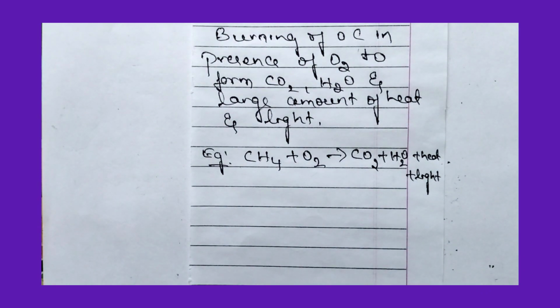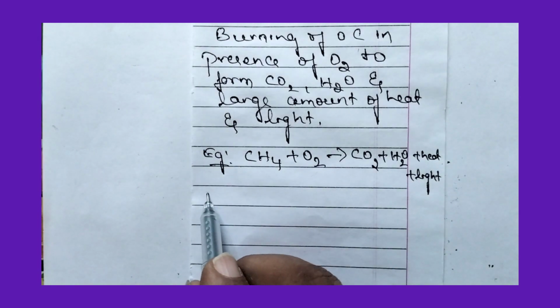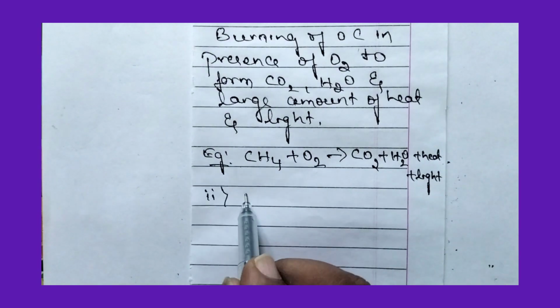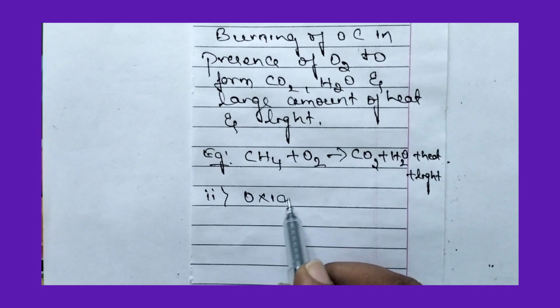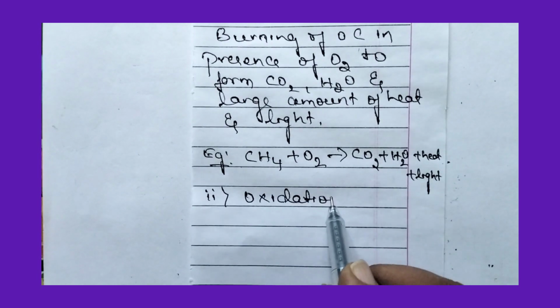So this is an example for combustion reaction. That is, methane when burnt in air forms carbon dioxide, water vapor, and releases energy in the form of heat and light. So this is about combustion. Now let us answer the next one. That is, what is meant by oxidation reaction?